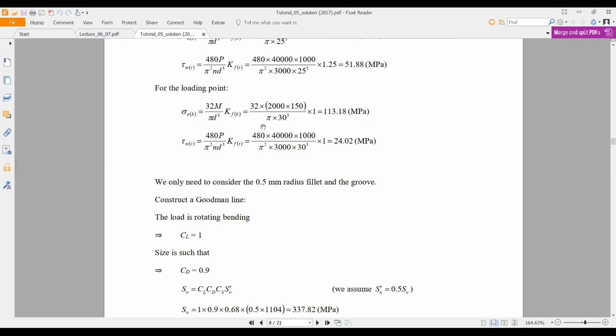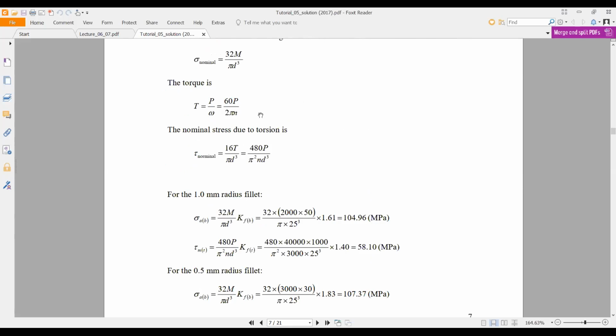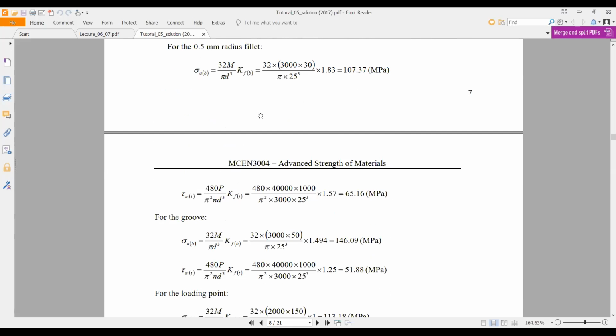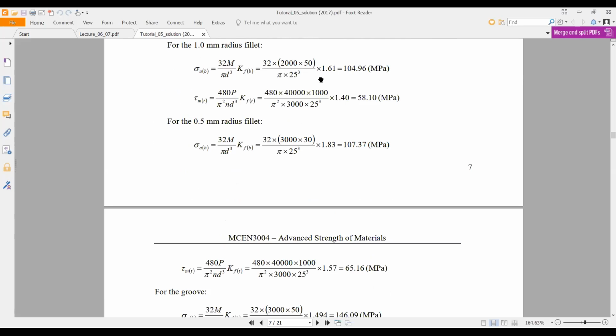Yeah, fillet. Because, I told you, if you consider the stresses and draw the SN curve here, we can't draw the SN curve for each one, but you can find out the strength for this fillet if you want. If you find out the strength for this fillet, the SN curves will cross each other. So it will be something like this and this. Did you attend the previous lecture?